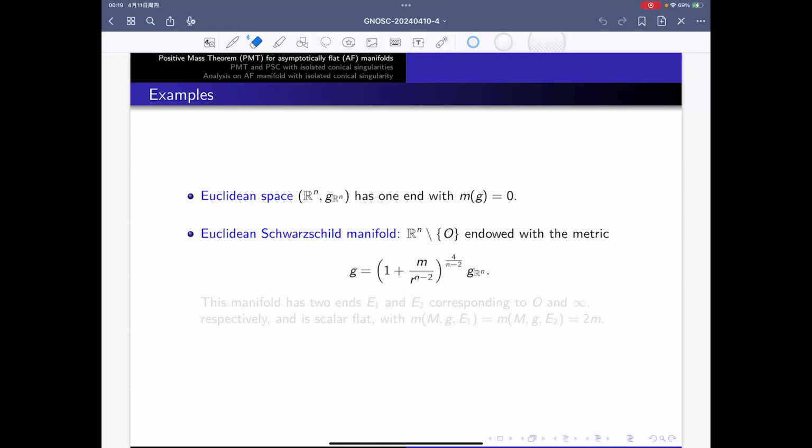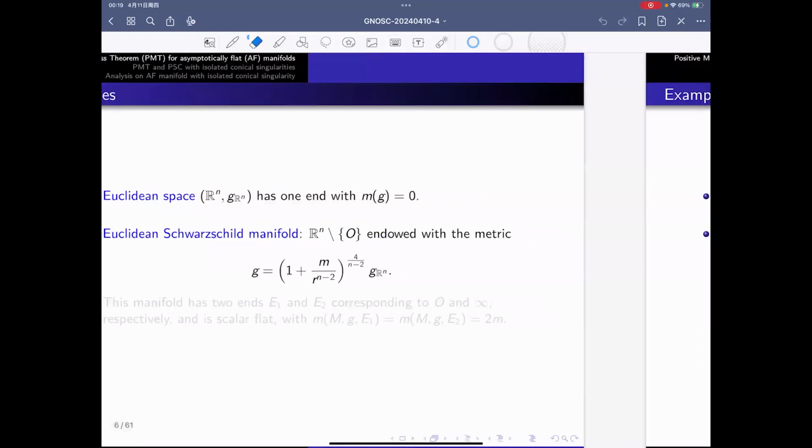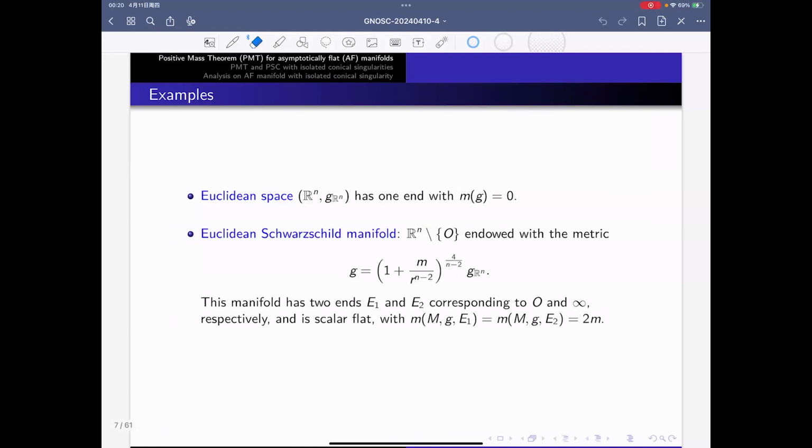So for this manifold, we have two asymptotically flat ends, and it's scalar flat, and the ADM mass for both ends is 2m. If m is negative, then we get a so-called negative mass Schwarzschild metric. That was an example discussed by Professor Dai. This is a very important example.